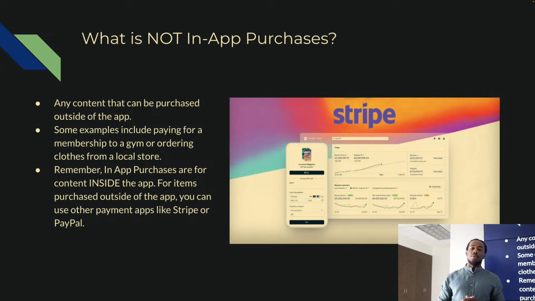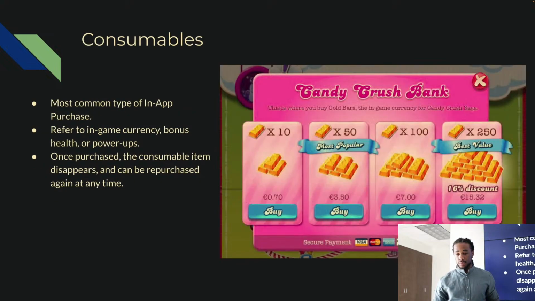For example, if you have an app where you're providing a service that is not inside the app, then by definition it is not an in-app purchase, because the content being provided is external. For this situation, you will want to use a third-party payment service such as PayPal or Stripe. Always keep in mind that in-app purchase is specifically for content or services provided inside of the app.